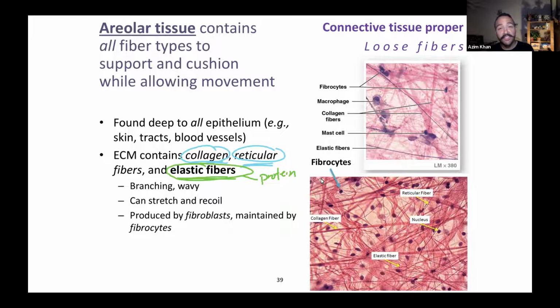As the name suggests, elastic fibers are very wavy. They also branch. Because of this, they can stretch and recoil just like a rubber band. They're very elastic. If you take a look at this picture, I believe this one will show it better. Do you see all these dark or wavy lines going this way and this way? Here, here, here.